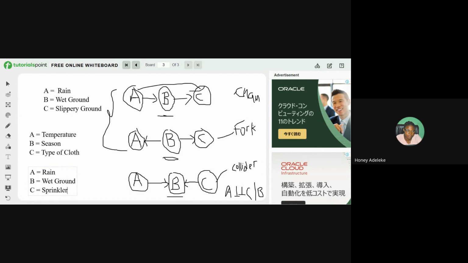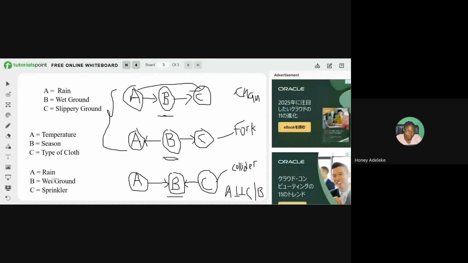Okay, so the rain, once it rains, we are going to have a wet ground. If the sprinkler is also on, we are going to also have a wet ground. So naturally, this part is blocked.